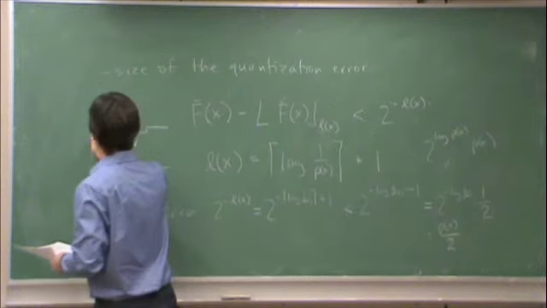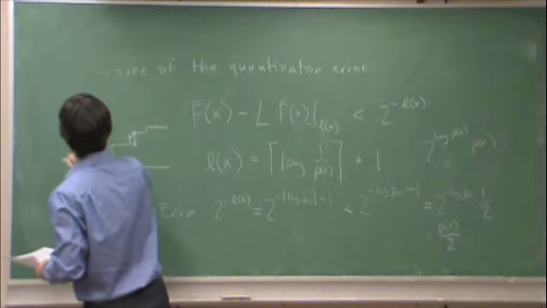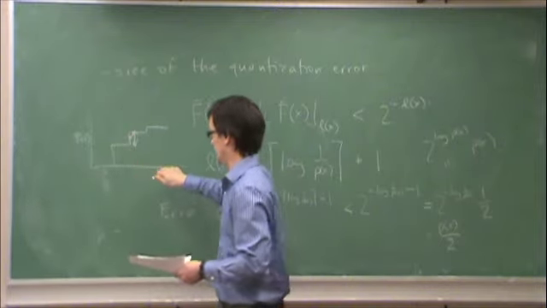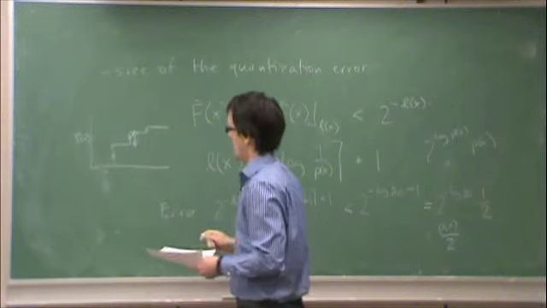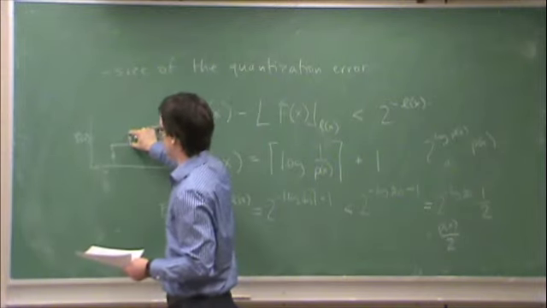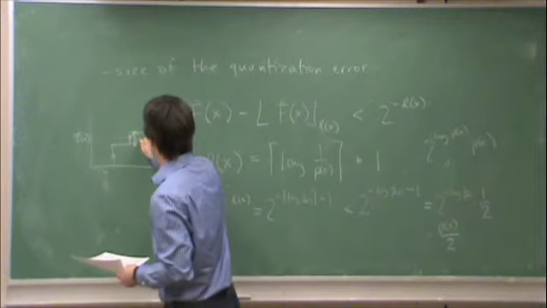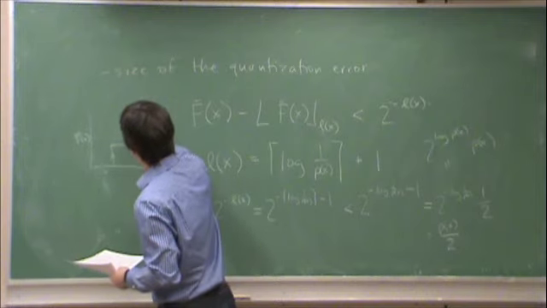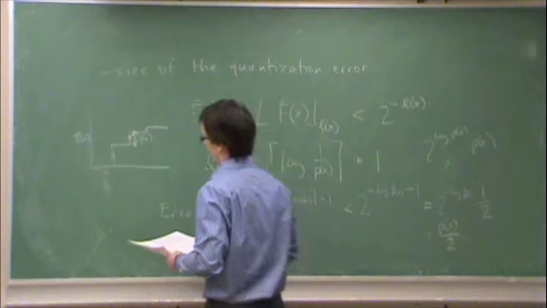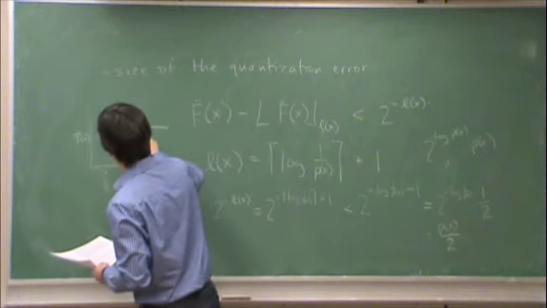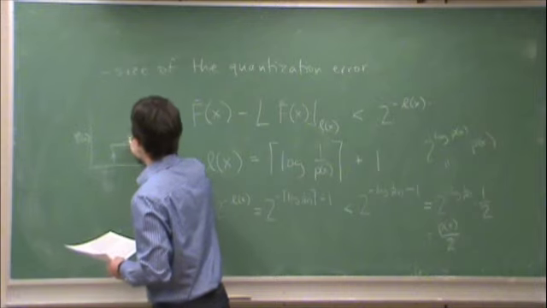So this is f of x. This is f bar of x. Halfway up all of these intervals, that's where my f bar of x lives. So the maximum deviation I can get and still stay on that interval is 1/2 p of x. The length of that interval is p of x. So if I have an error not greater than p of x over 2, then my truncated version of f bar of x must be somewhere on here.